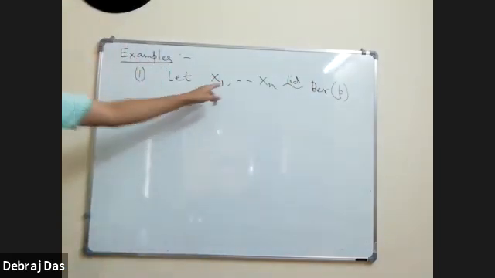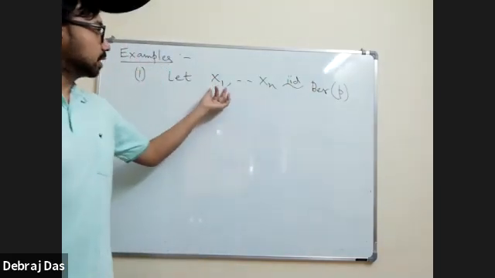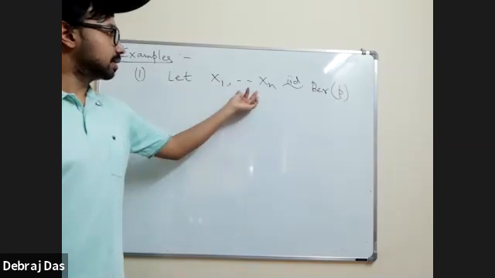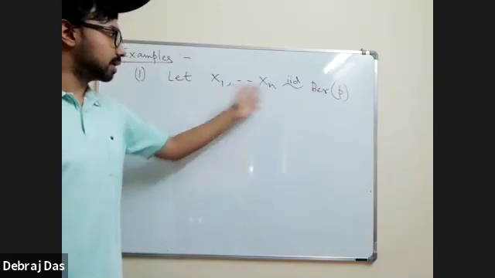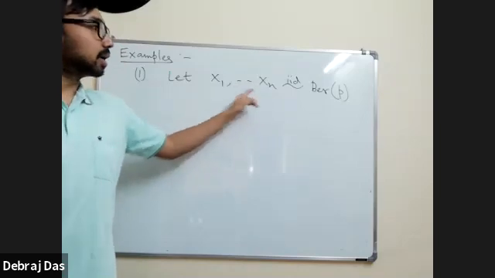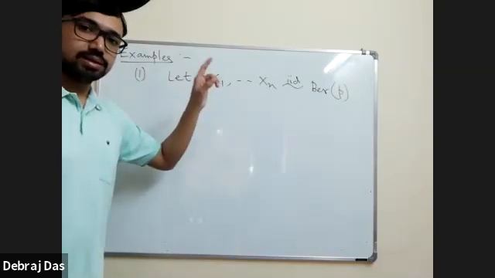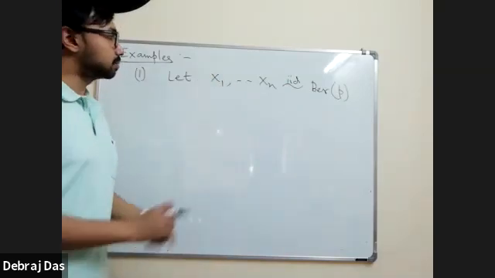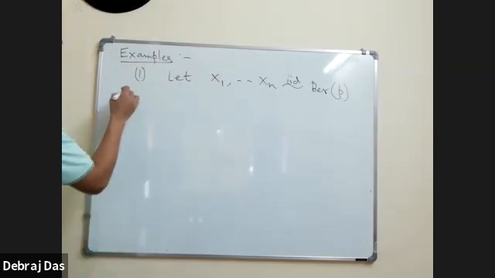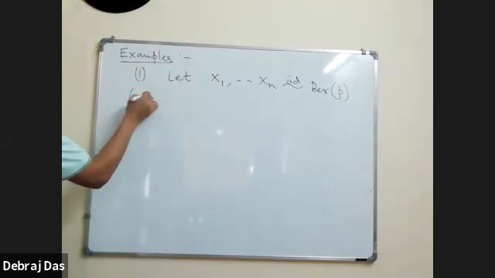IID means that Xi and Xj have the same distribution, that is, they have identical distributions, and they are independent. Independence is defined with respect to sets. So I should write it actually. What is the definition of independence?